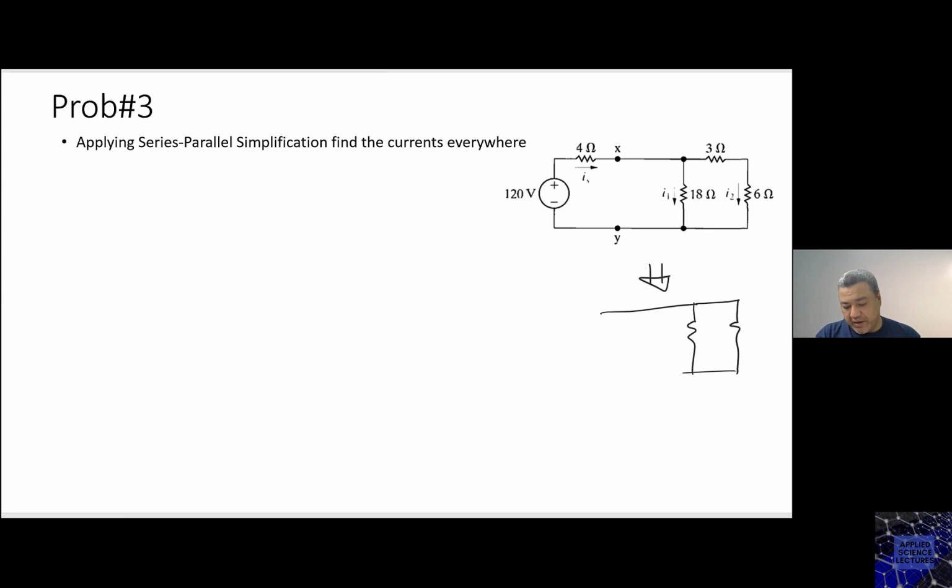So here I have 9 ohm. You can probably call this one, if you want, R equivalent 1, and the current is I2. Here I have 18 ohm and the current is I1.